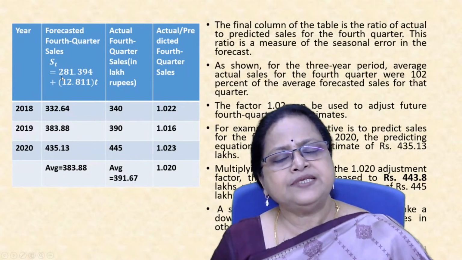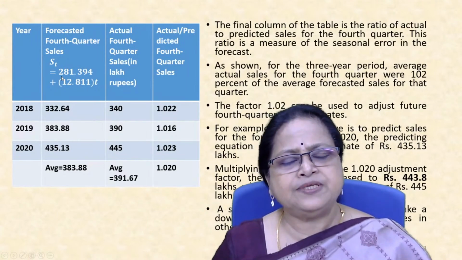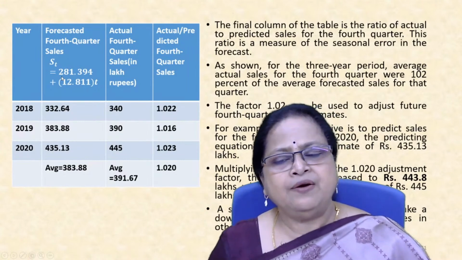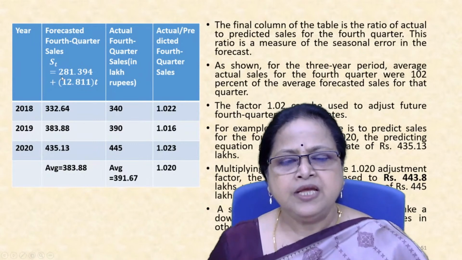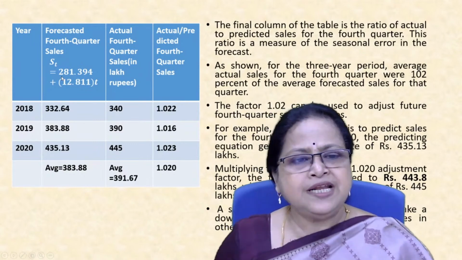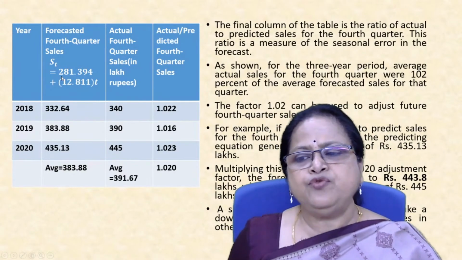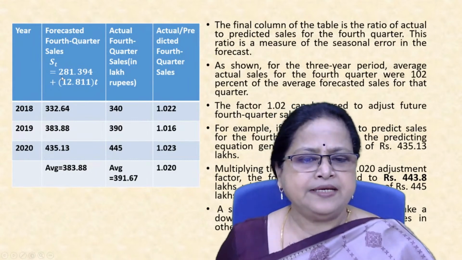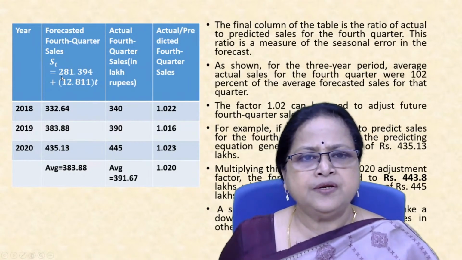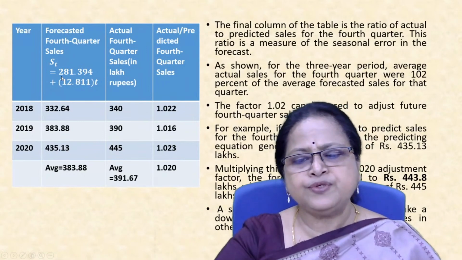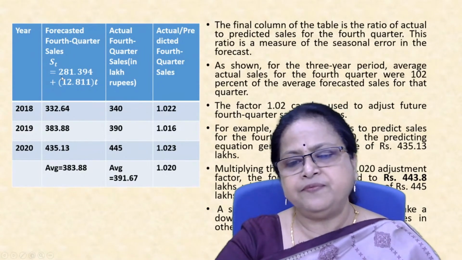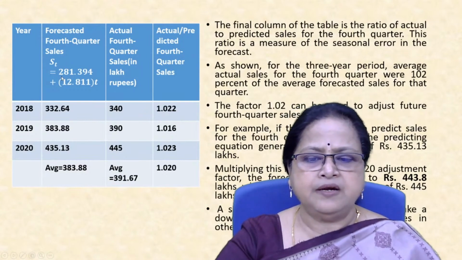Because that time there was a seasonal jump, our estimation of 435.13 underestimated. But if you adjust for the seasonal fluctuations, it jumps to 443.8 lakhs, which is almost nearer to 445.